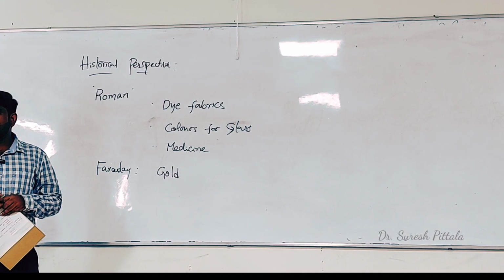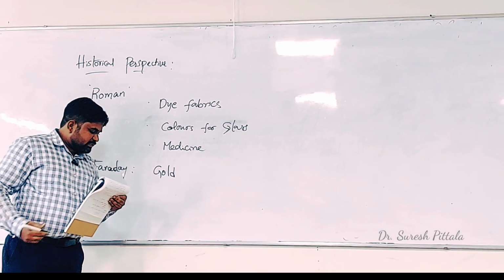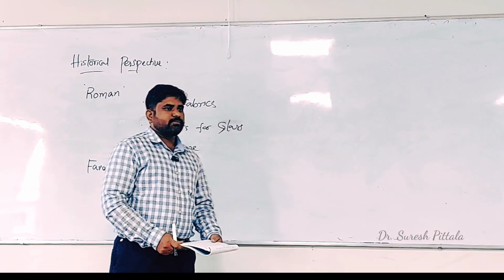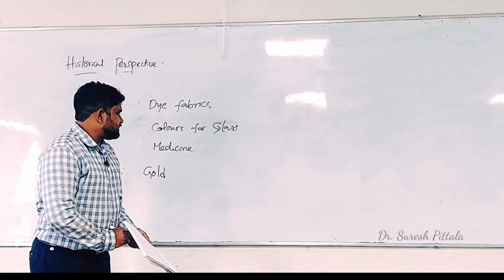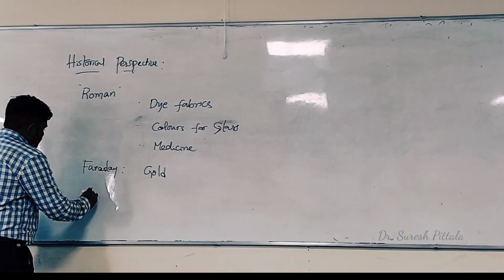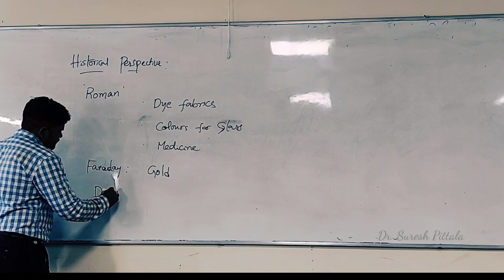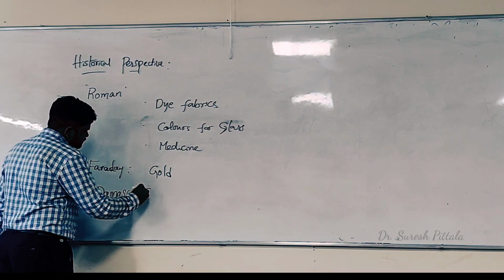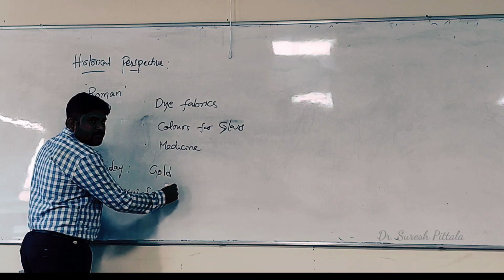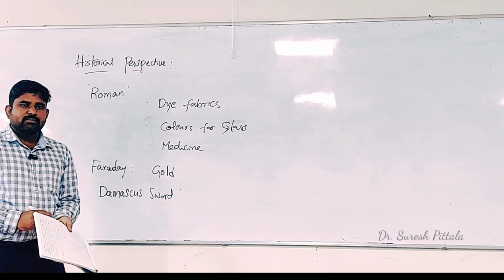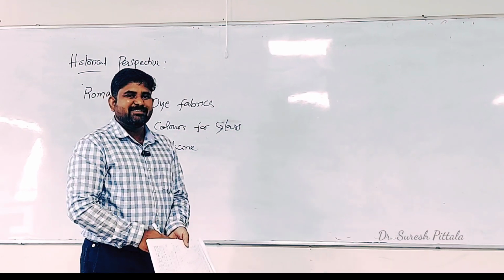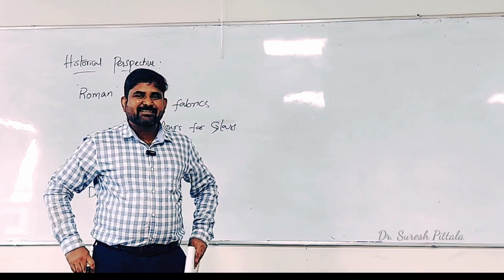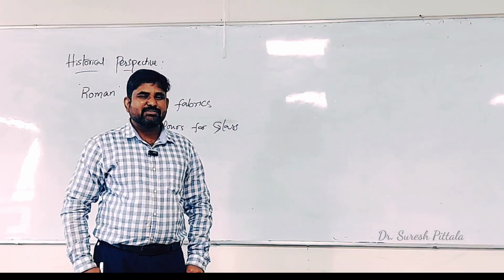After that, one wonder was there. That was the Damascus sword. Damascus is a city name. Anybody heard of this one? Sword? Knife? Dagger? Where did you hear that? It was in a video. What do you know about it?